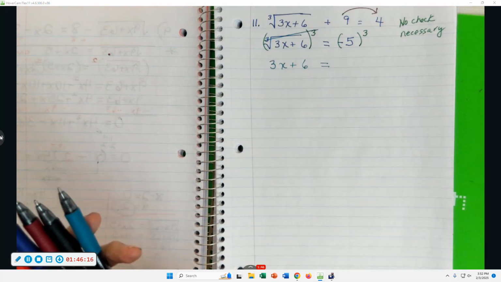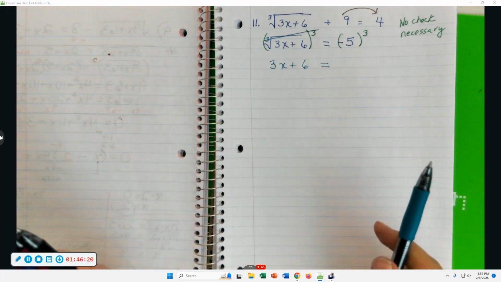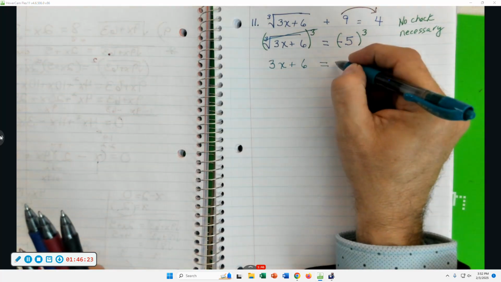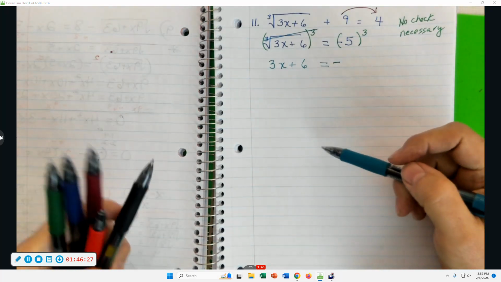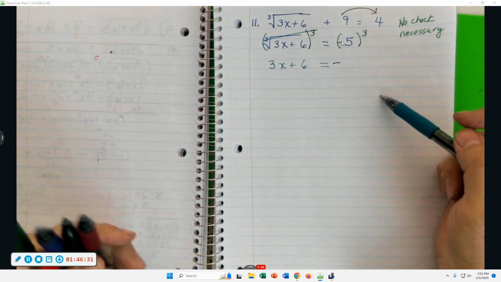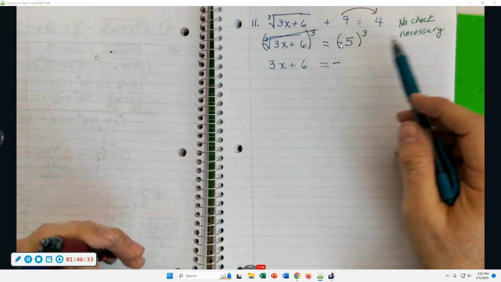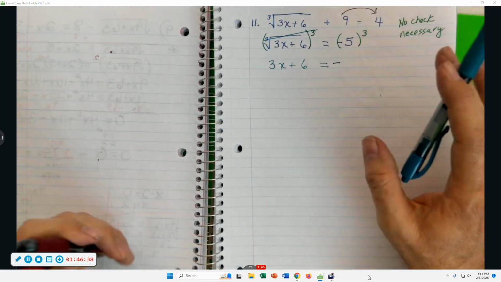What's it going to be? Negative 5 times negative 5 times negative 5. Is it going to be negative or positive? Negative. That's what's so nice about odd exponents. The signs don't change. A negative times a negative times a negative stays a negative. And then 5 times 5 times 5 gives us 125.